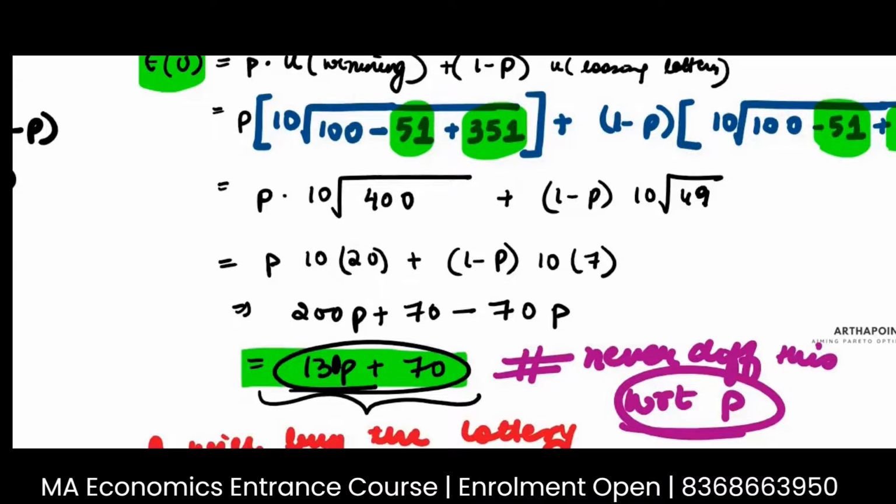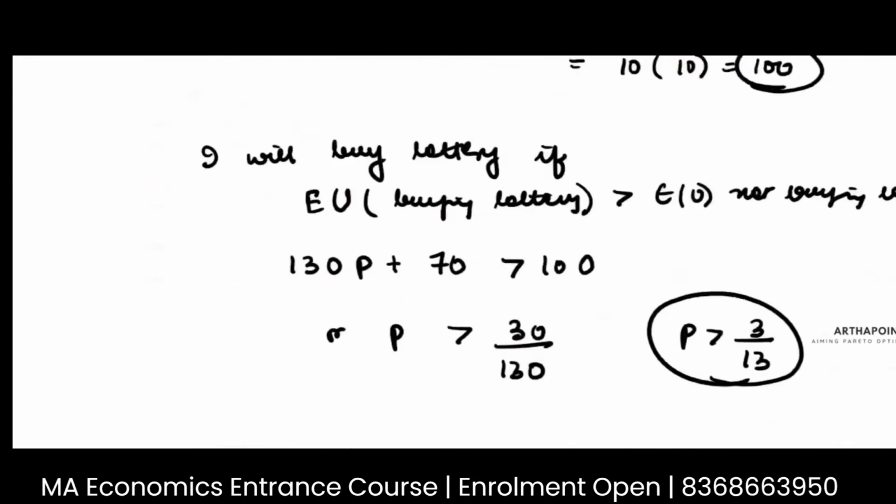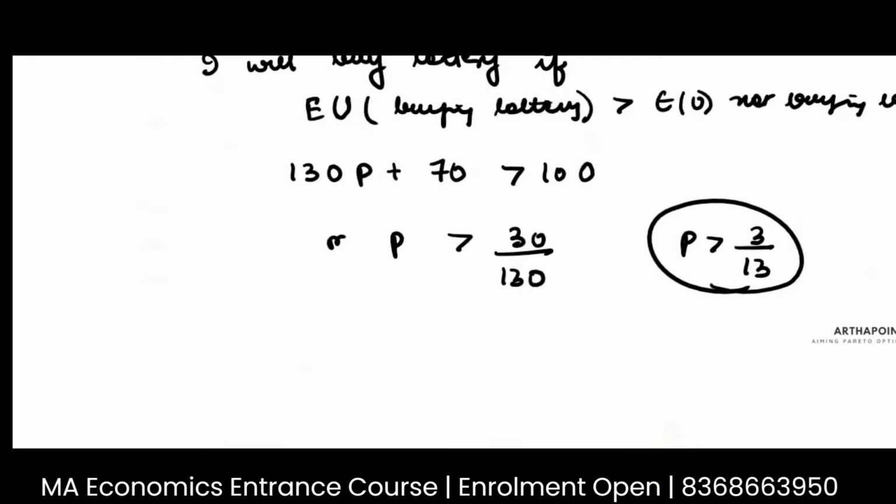Don't do that. Second thing, a lot of times this happens in DSE. Whatever answer you get, I don't know why they do this, it will not be one of the options. It will be a higher value. They would have changed the fraction by multiplying and dividing the numerator and denominator by something.